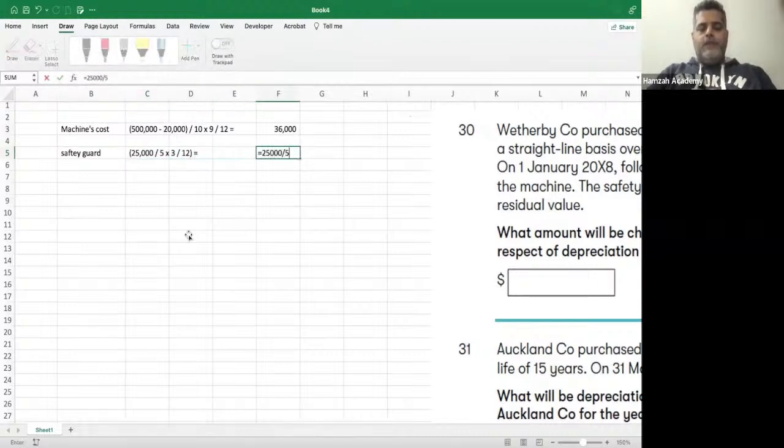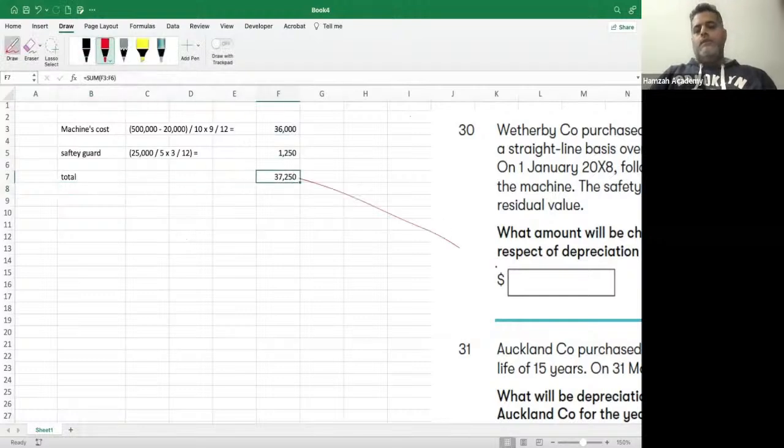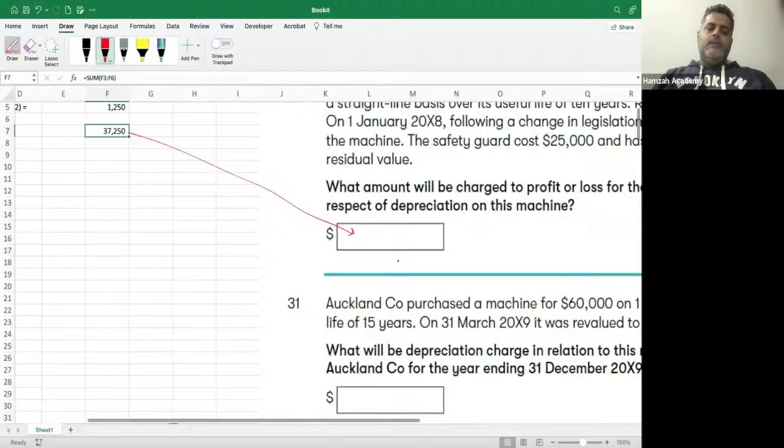So 25 by 5 into 3 by 12, I get 1,250 over here. Total 37,250. This is going to be the answer over here, right? So 37,250 is the answer.